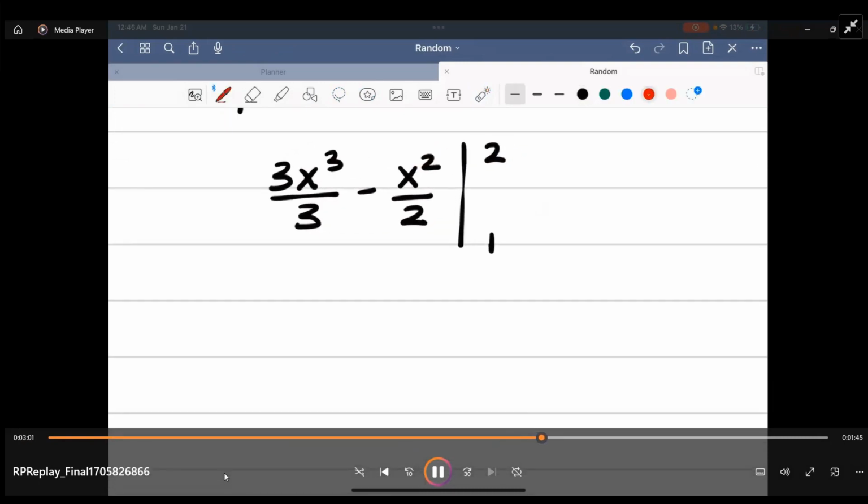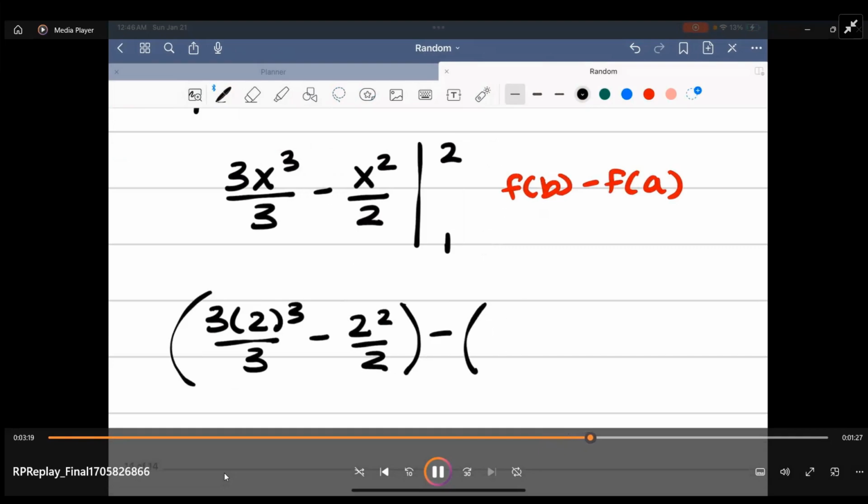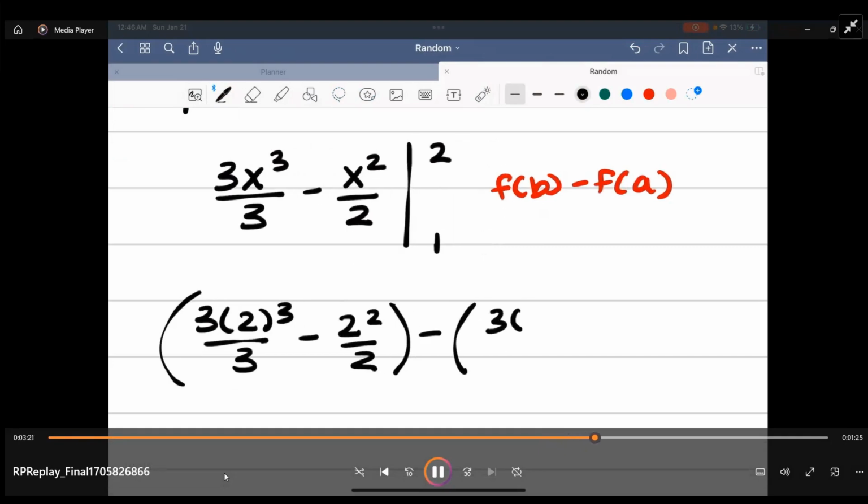So remember the idea that we take f of b, which is in this case 2, minus f of a. So that would be the quantity 3 times 2 cubed divided by 3, minus 2 squared divided by 2, minus the quantity of 3 times 1 cubed, divided by 3, minus 1 squared, divided by 2.